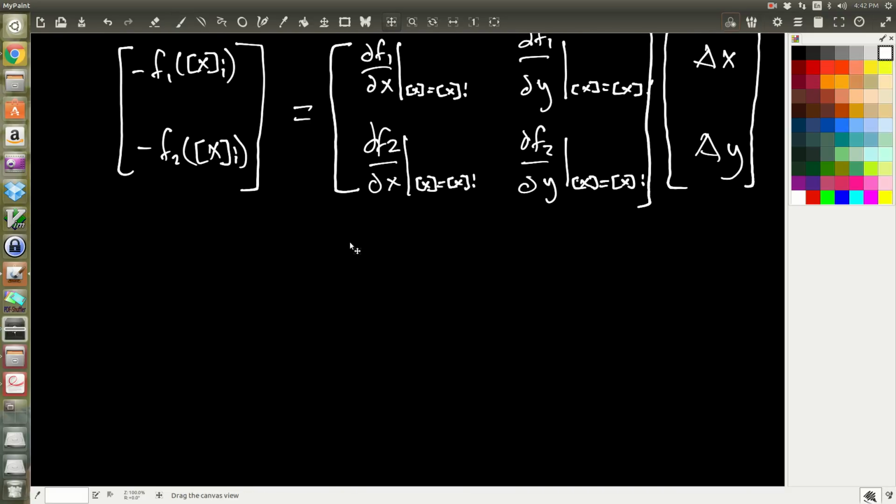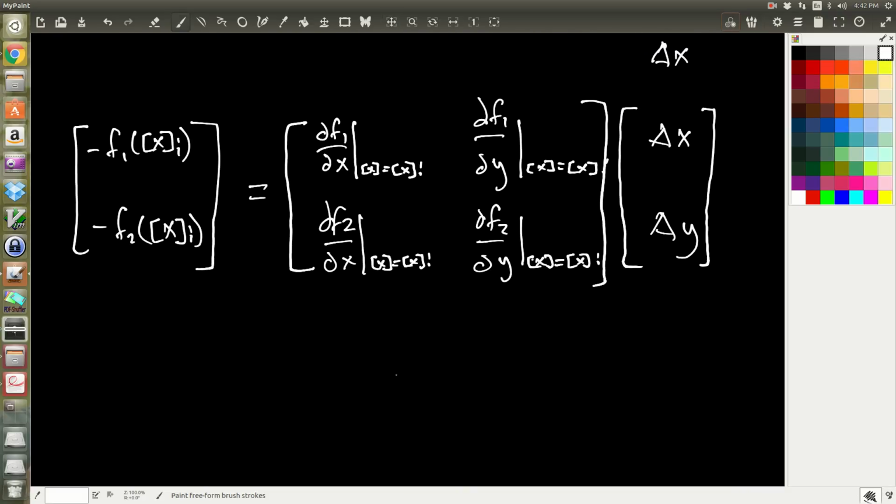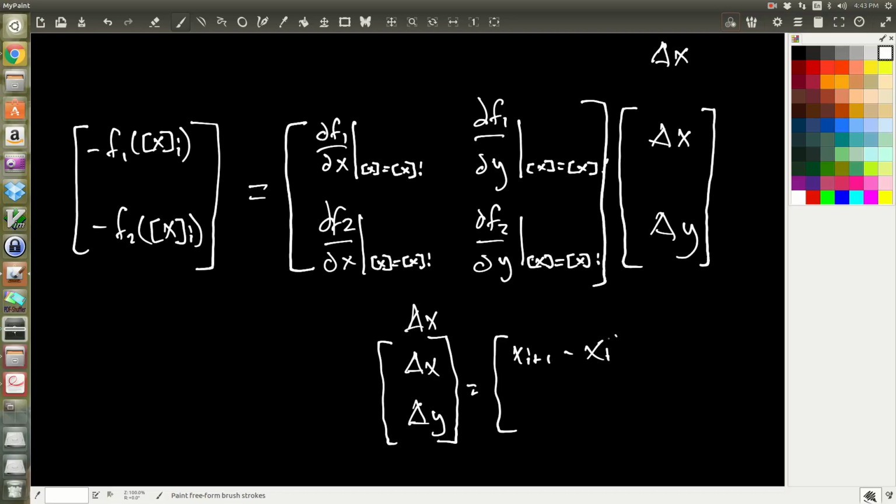Where the delta x vector, delta x, delta y, is equal to xi plus 1 minus xi, and yi plus 1 minus yi. Okay?